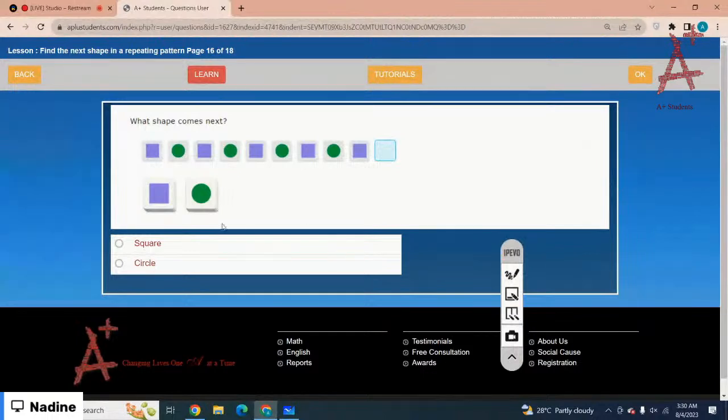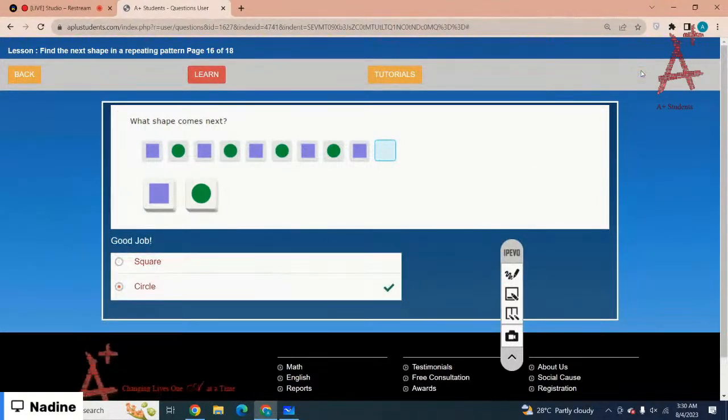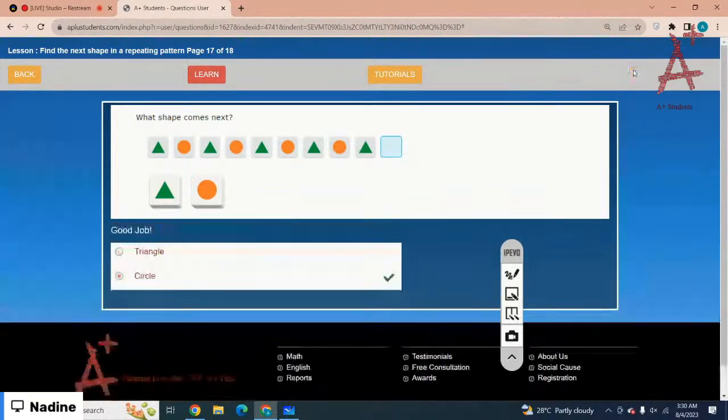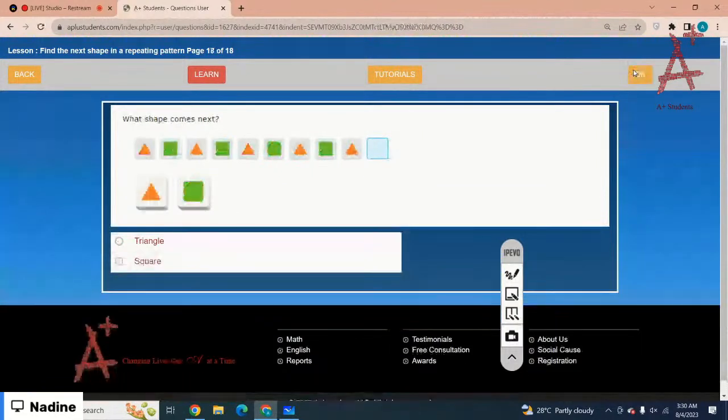The correct option is, yes, it is a circle. Good. What shape comes next? Which is the correct option? It would be a circle. What shape comes next? Yes, it would be a square.